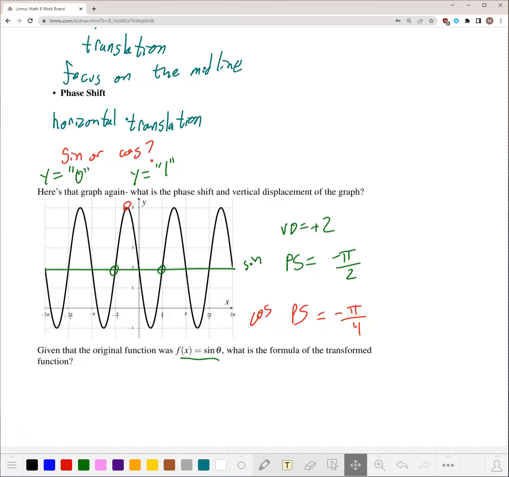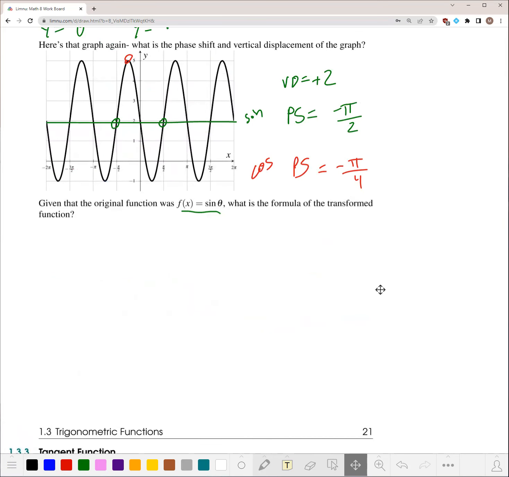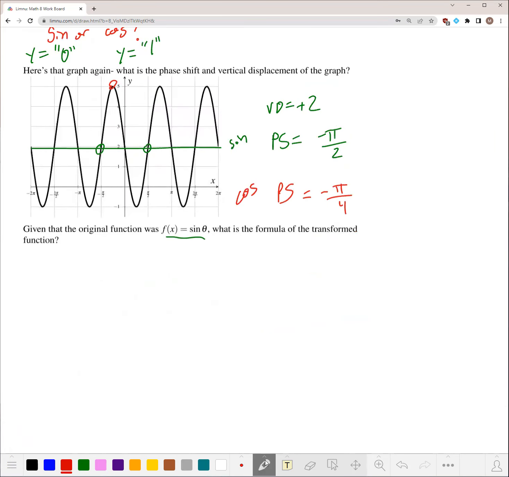Okay, given the original function is f of x equals sine theta, what's a transformed form of this function? And I'll start by doing this. When we transform a trigonometric function, we will use the following notation. F of x is equal to a sine of bx minus c plus d.